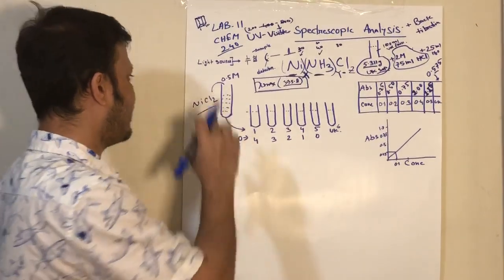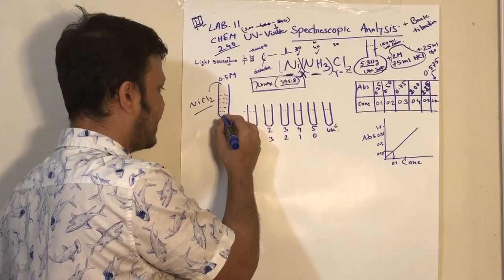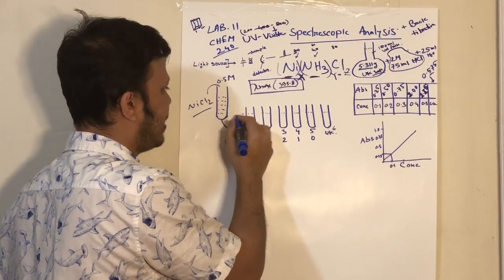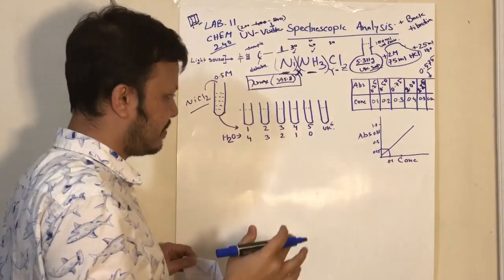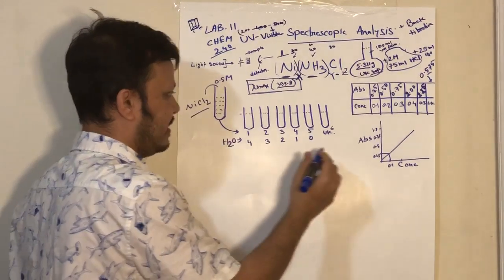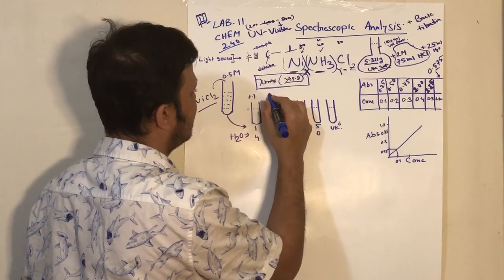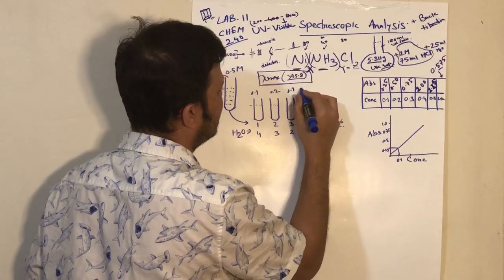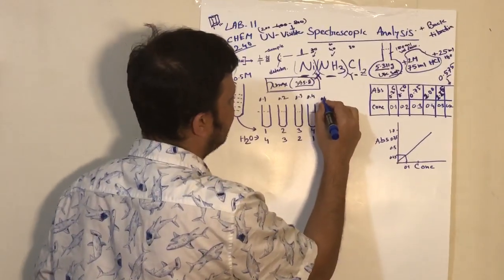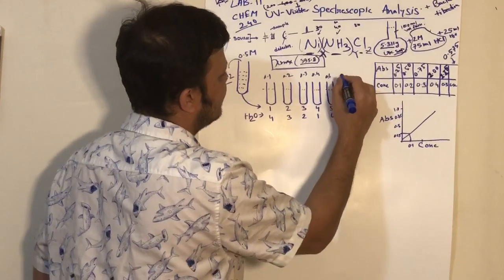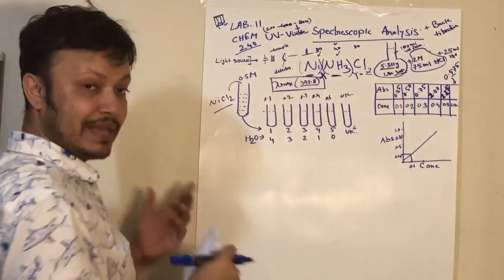From here you have to make a standard curve. That means we will make solutions of 0.1 molar, 0.2, 0.3, 0.4, 0.5. It is actually the same as this one, and this is unknown. So how to make it?